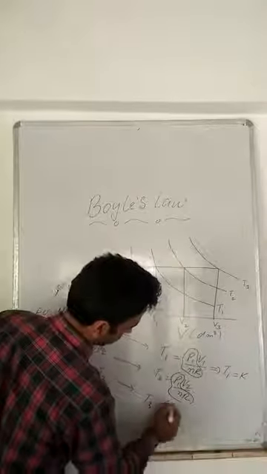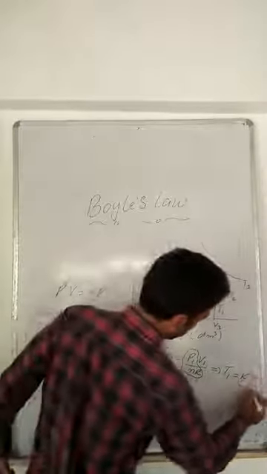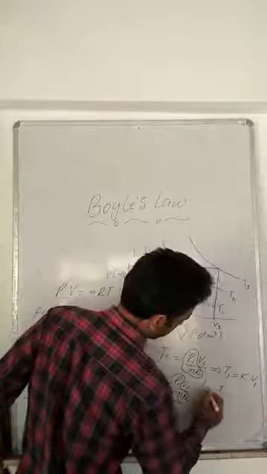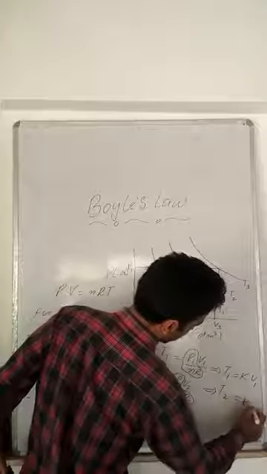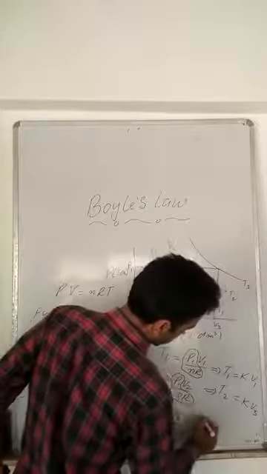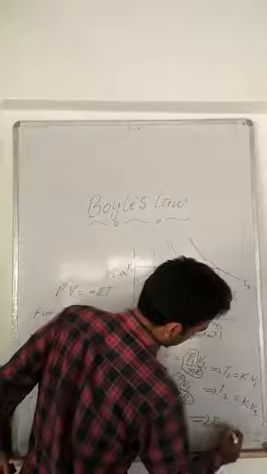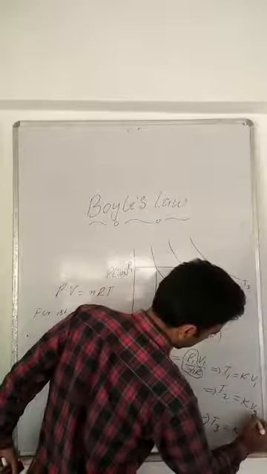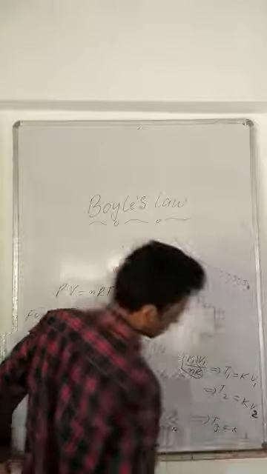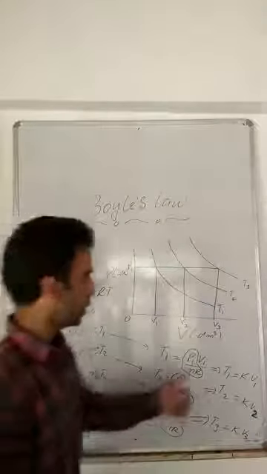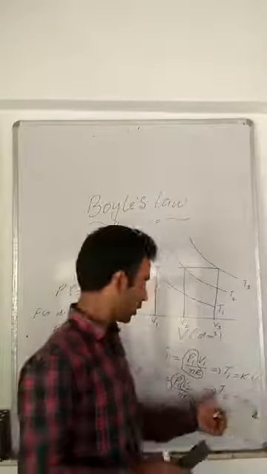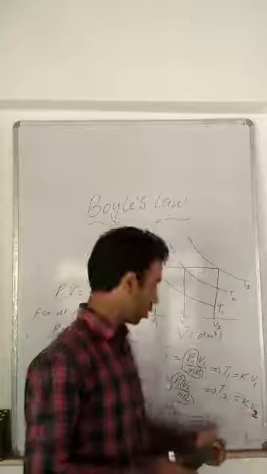T2 will be equal to K V2, and T3 will be equivalent to K V3, right? Or I can say T1 is directly proportional to V1, T2 is directly proportional to V2, and T3 is directly proportional to V3.